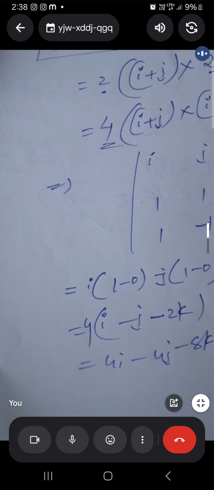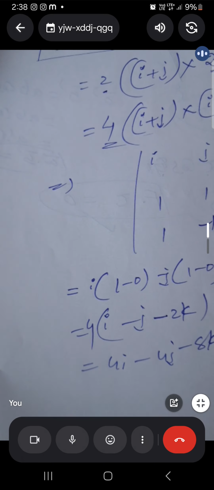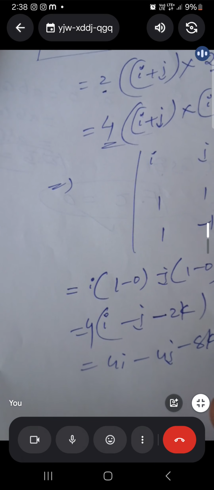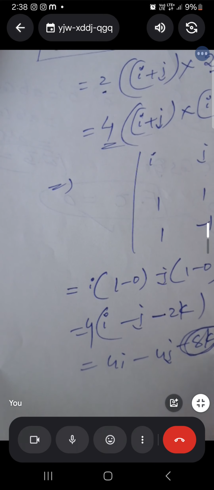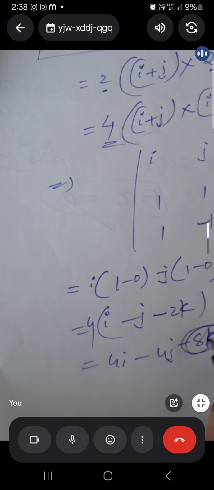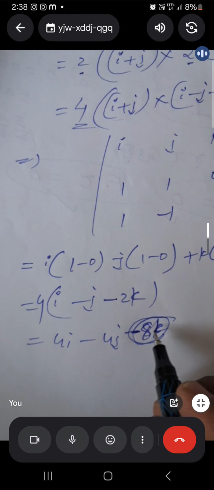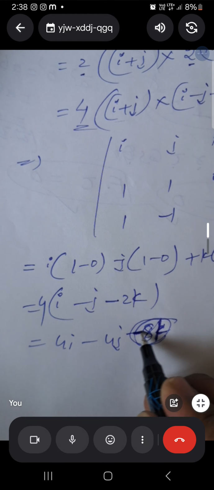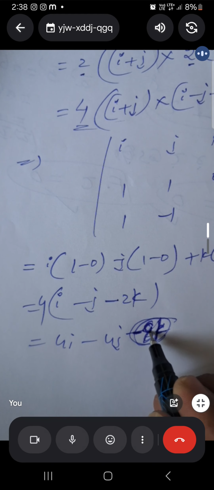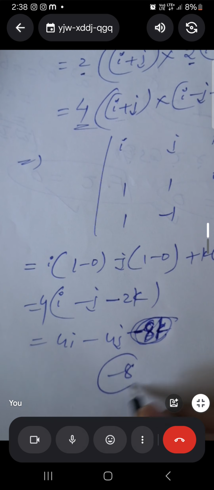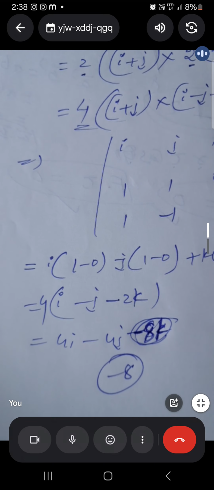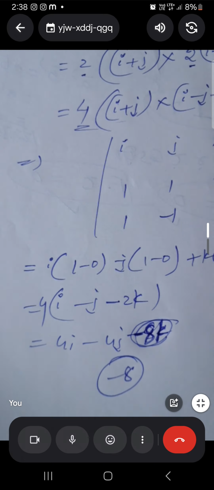Along the z-axis means the coefficient of the k component, which is minus 8. Minus 8 is the answer. You understood, right? Option D.